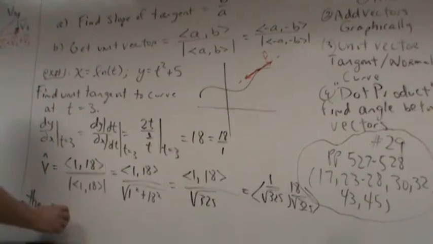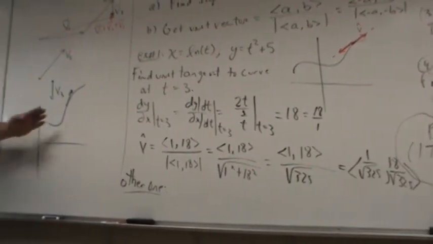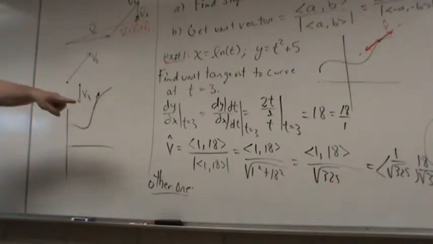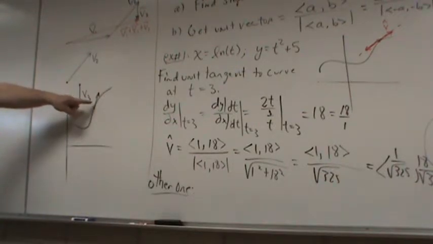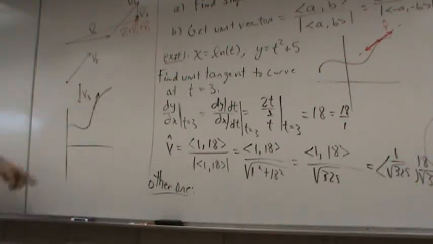By the way, there's another one besides that one. So we've got some graph, and frankly, I don't even care what it looks like, but I've got some graph where at some point the tangent line has a slope of 18. So there's my unit vector, 1 over radical 325, comma 18 over radical 325. There's my tangent vector. Could I get another one besides that one? Yes. What would the other one be?